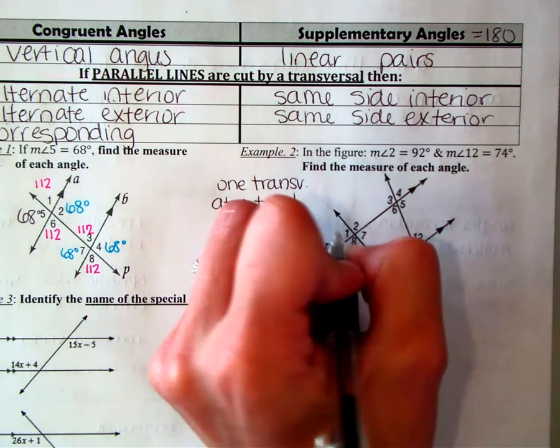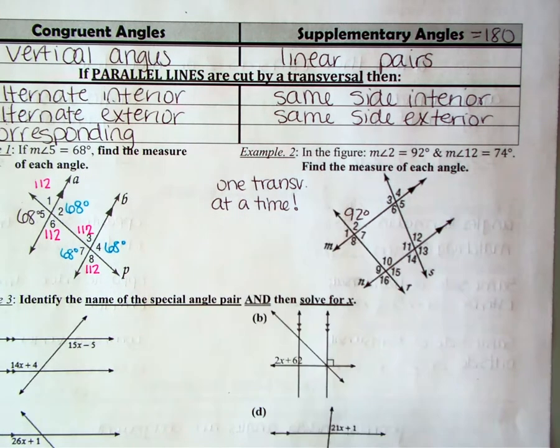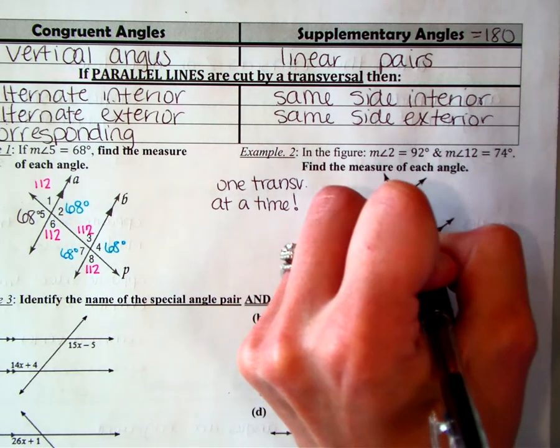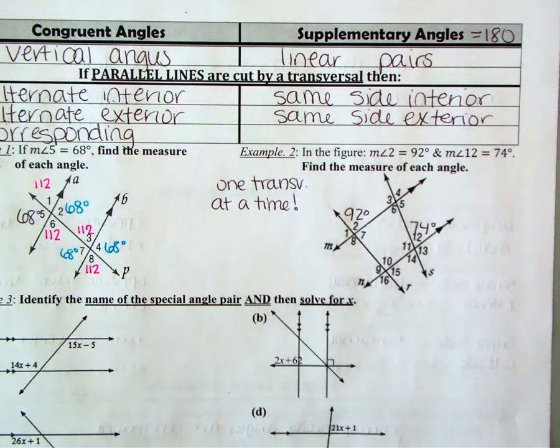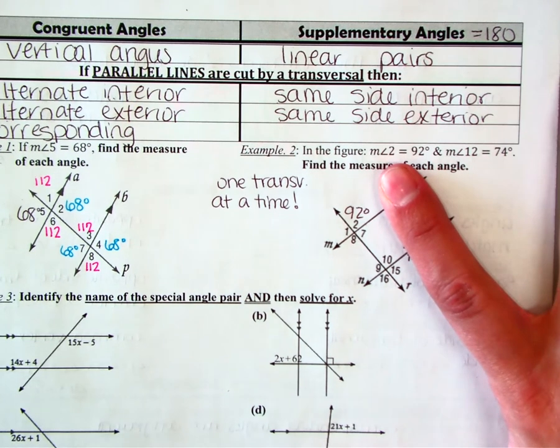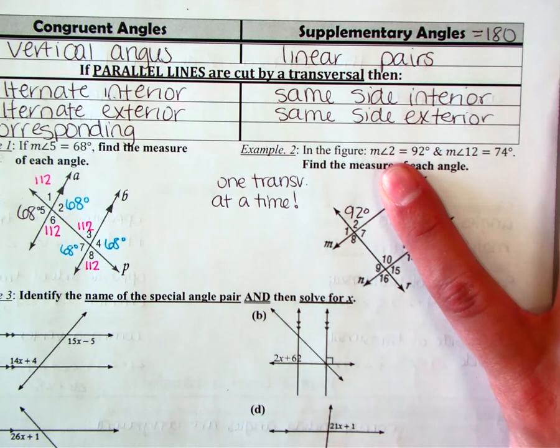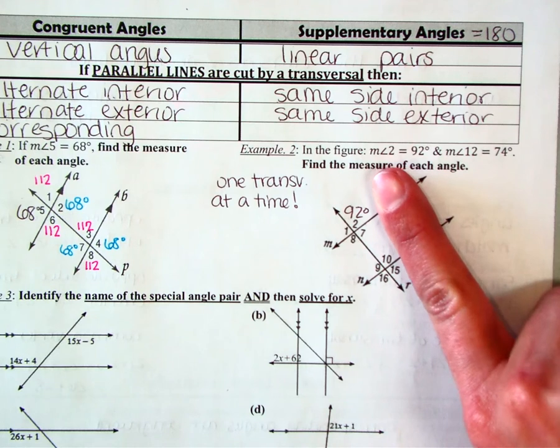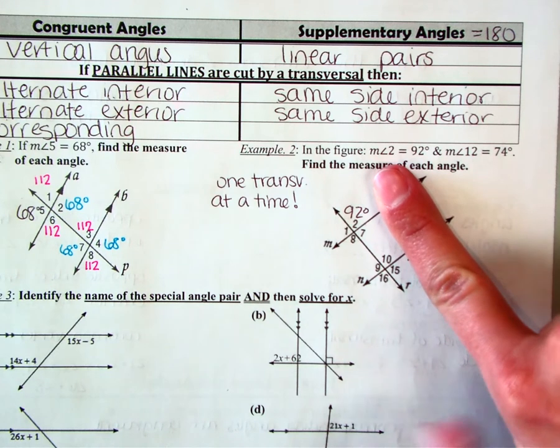So angle 2 is 92 degrees, and angle 12 was 74 degrees. So if I'm looking at it one transversal at a time, I'm going to cover up all this information with my finger and just work at 92 degrees. So the angles that share the transversal are the ones that have the relationship.